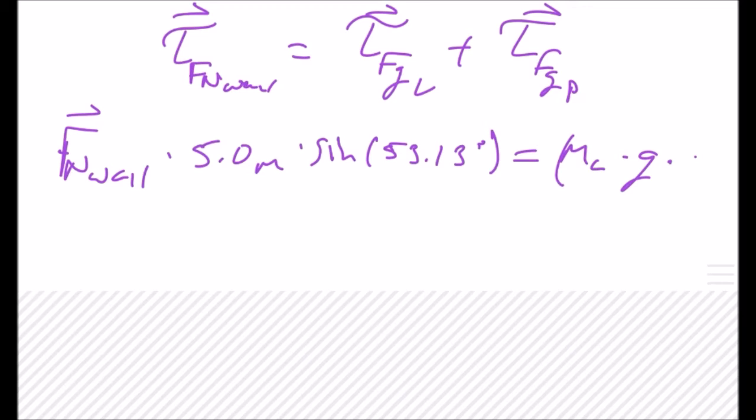And I guess, you know what, let me just go ahead and put values in here. What's the mass of the ladder? 12 kilograms times 9.81 meters per second squared times, what's my lever arm? 2.5 meters.